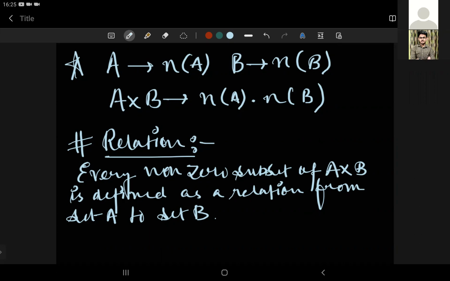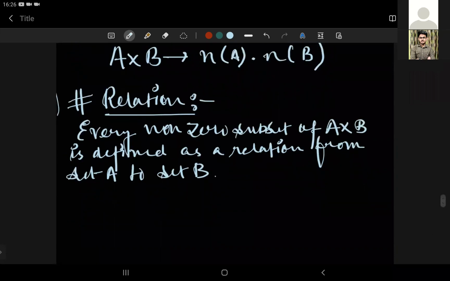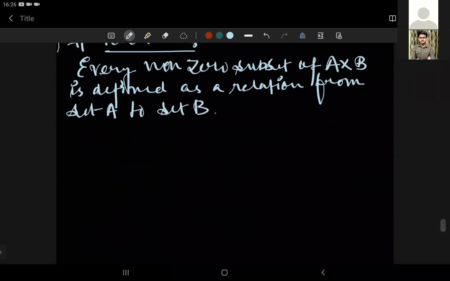Am I able to make this clear? There is a rule of relationship according to which we are relating the elements of two sets. I think it will be clear with an example.